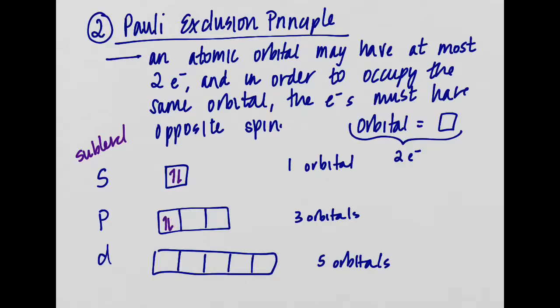I can't have 3 electrons within an orbital. An orbital can hold 2 electrons, and they must have opposite spins. Those opposite spins are up, meaning clockwise, and down, meaning counterclockwise. Okay, so that's Pauli's exclusion principle.